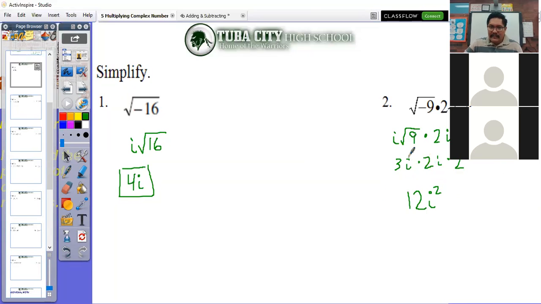Now, just multiplying these two, I get I square. And if you remember, anytime you have an I square on a term, so in this case, the coefficient is 12, you just reverse the sign. So if it was positive, it's going to be negative. Or if it was negative, now it will be positive.